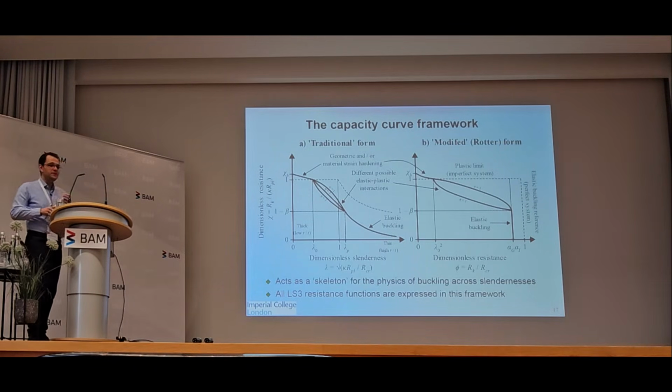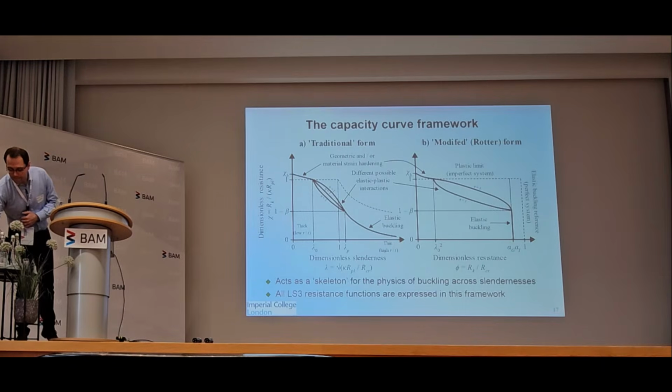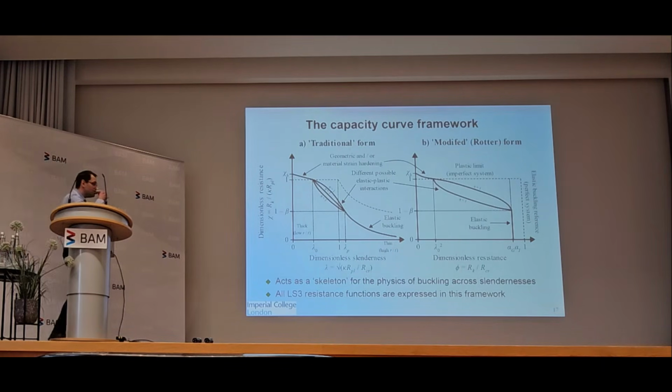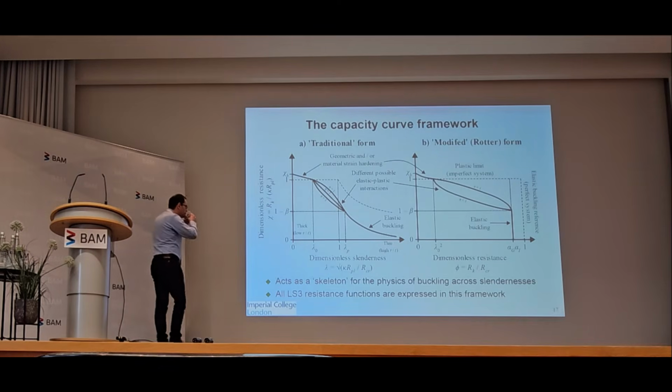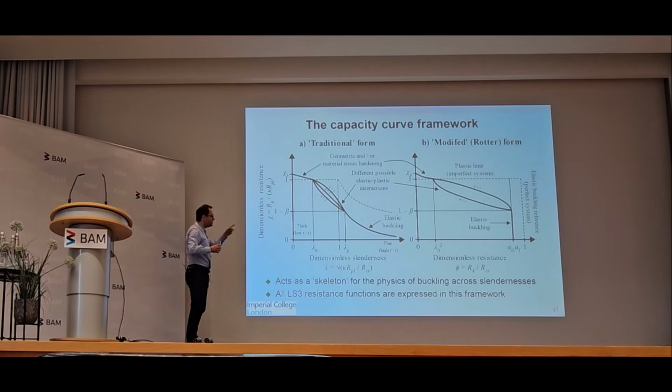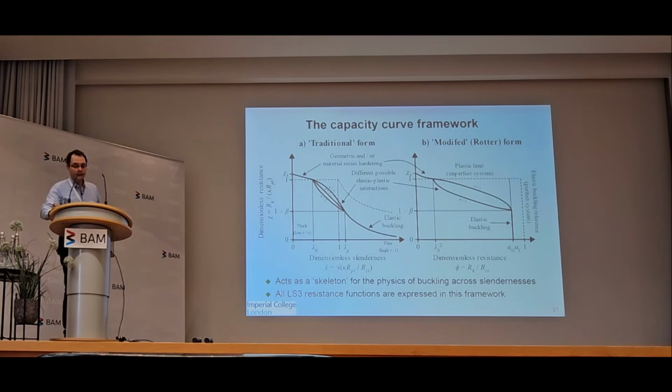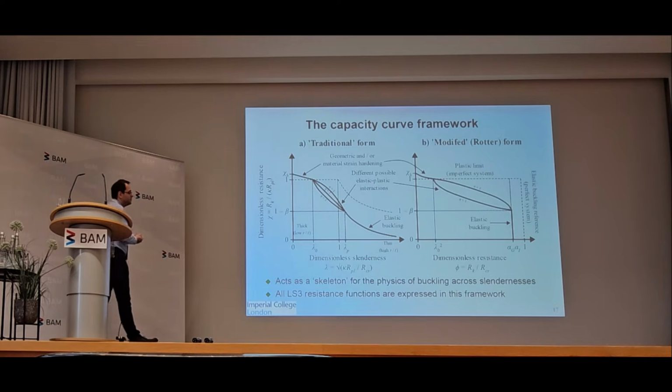So I wanted to pivot now away from the round robin to talk about something new. So this is the capacity curve framework. I mentioned it briefly, but I want to talk about it a little bit more.